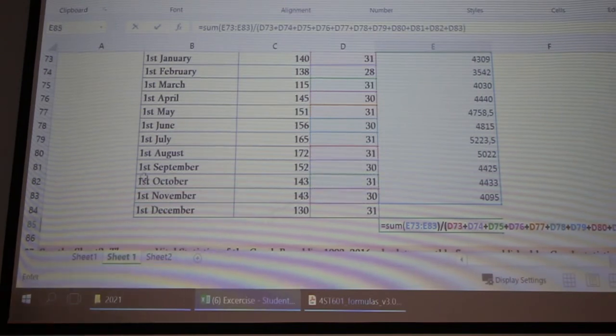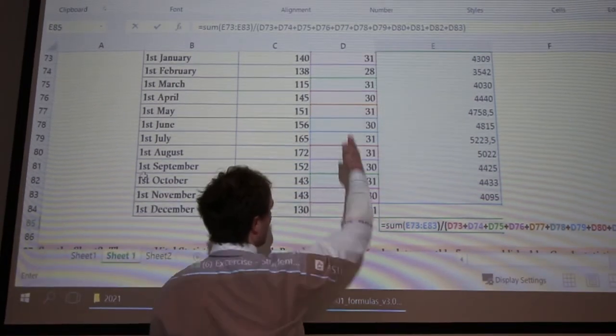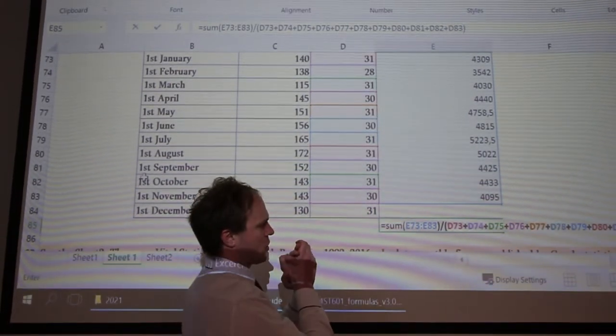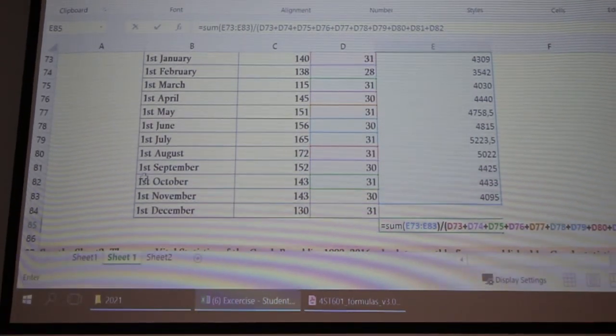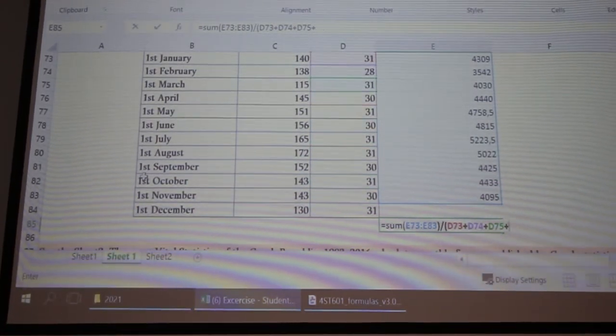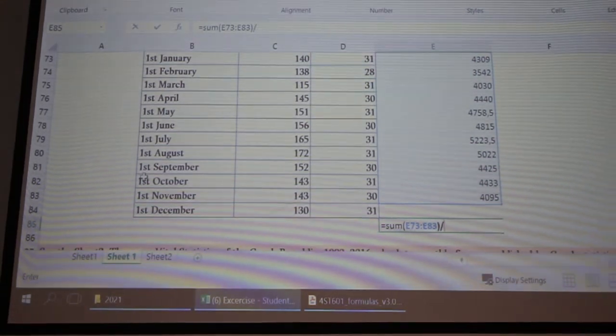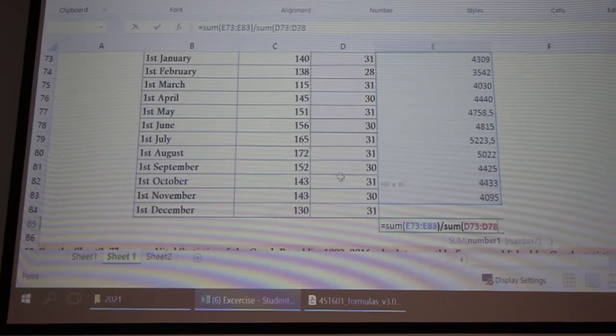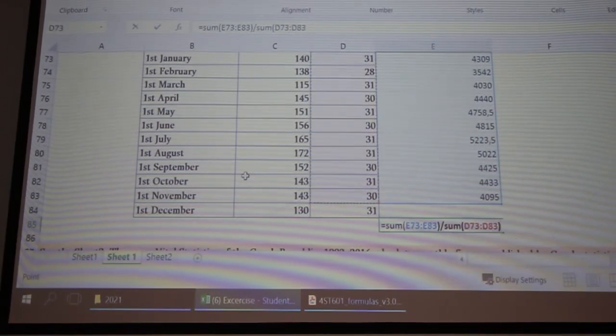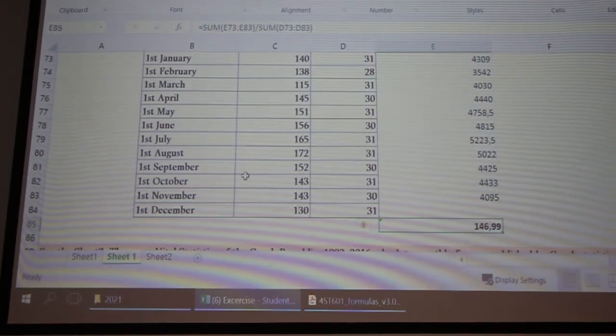Yes, or you can write summation of these values without the last one. Yes, so it will be maybe better to calculate divided by summation of these days. Okay, and there is the average.